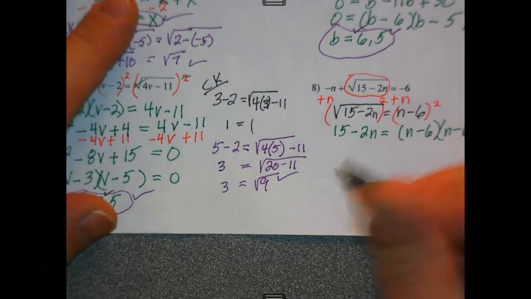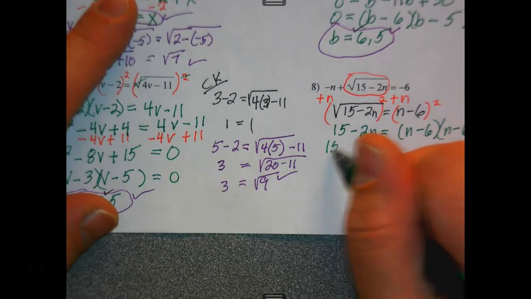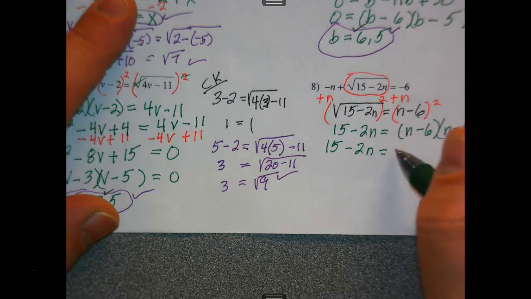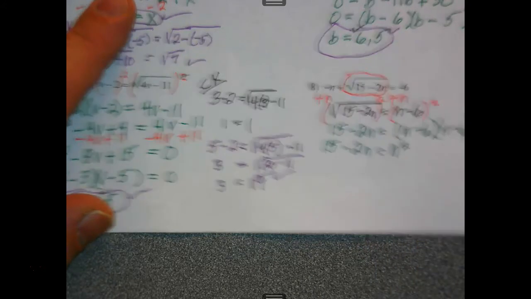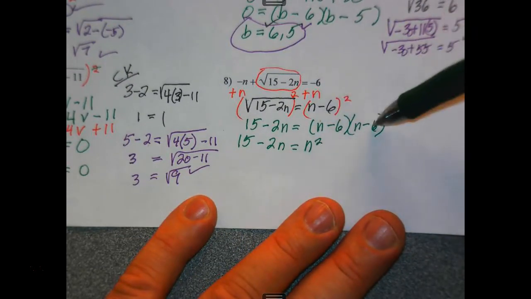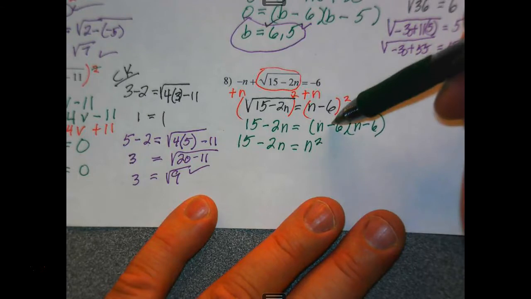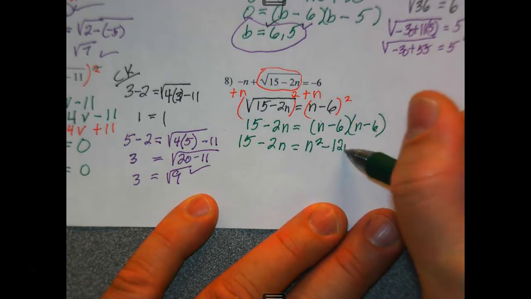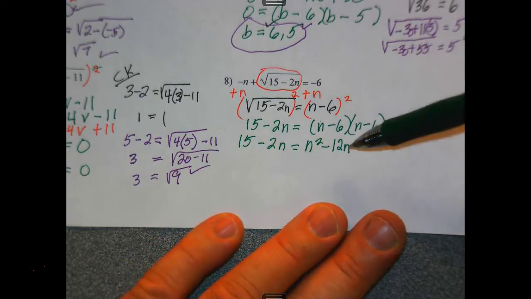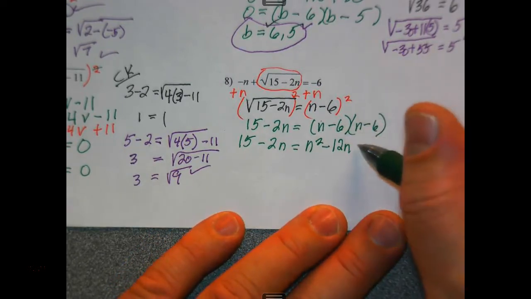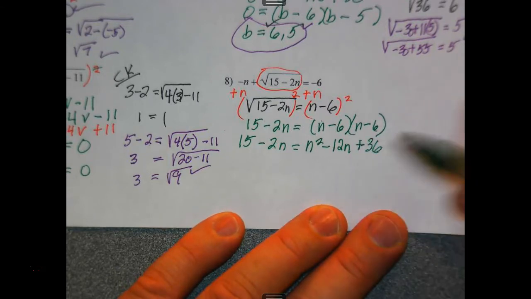All right, FOIL that. 15 minus 2n equals n squared. Let's see, I've got n times minus 6 is minus 6n, the inner minus 6n, so I have a minus 12n. All right, negative 6 times negative 6, positive 36.